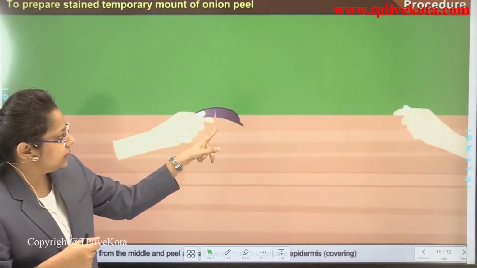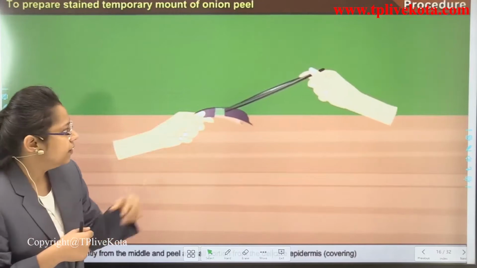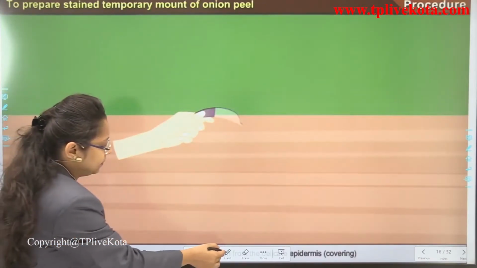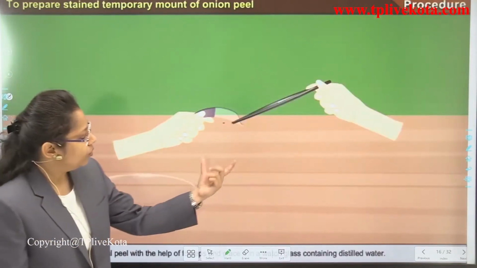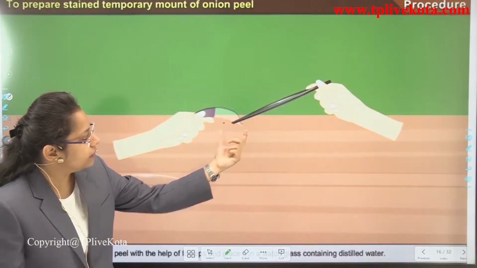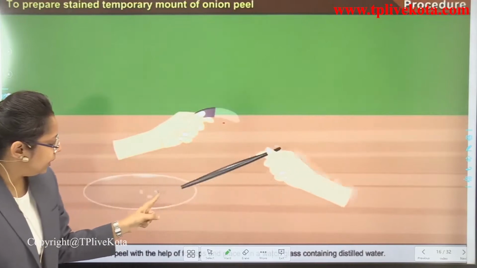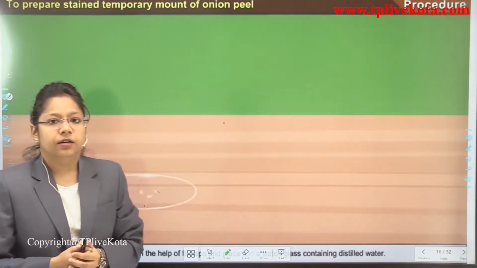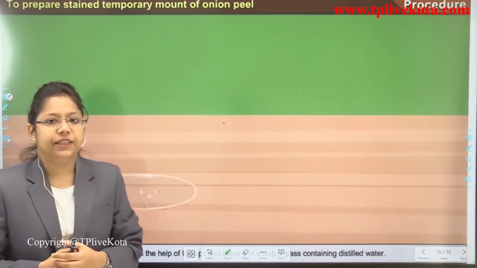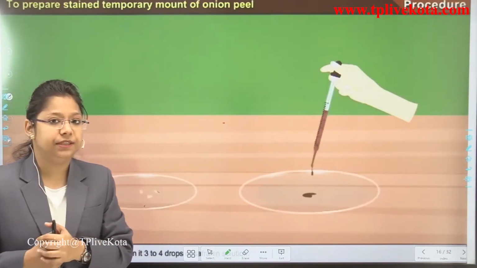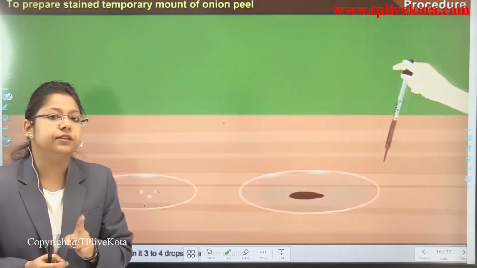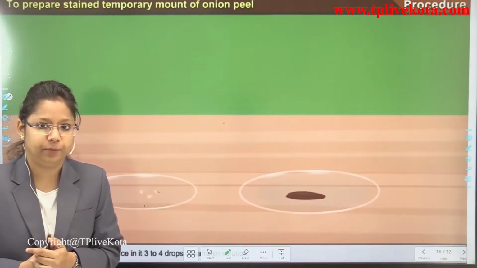You can see this part clearly. Now this part is going to be taken onto the slide with the help of forceps, not with fingers. Remember this thing, you should not use fingers in any kind of glass slide making.